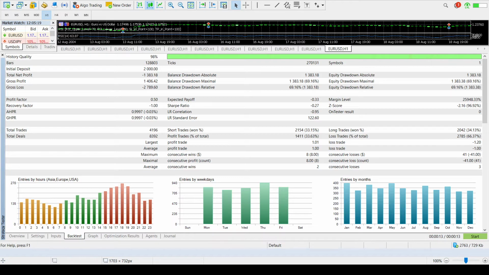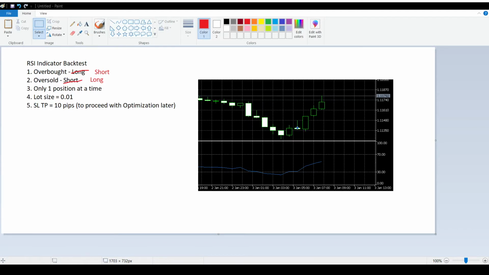You might be wondering, since we did the test using stop loss and take profit of 10 pips, 10 pips, what if we change the configurations of the stop loss and take profit? Let's say stop loss as 5 pips, and the take profit as 3 pips or even 8 pips.